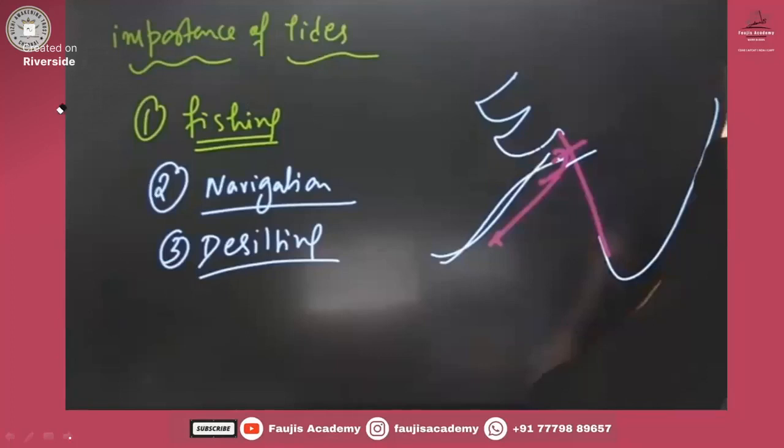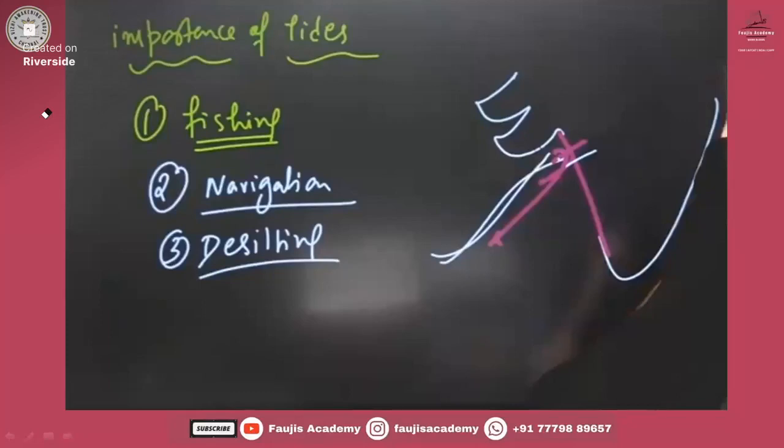Now we will see about the waves. But first, for tides, you must remember all those three forces: the gravitational pull of the sun and moon, and the centrifugal force from the earth. That helps in the formation of high tide. On two sides there is high tide, and on the other two sides we have low tides.